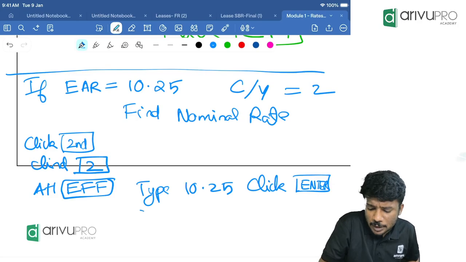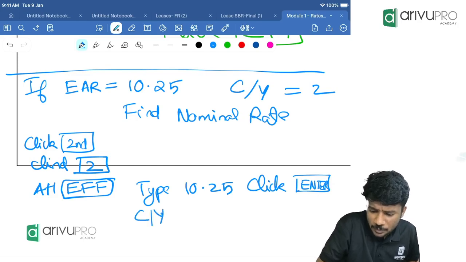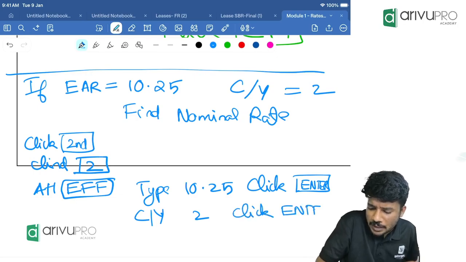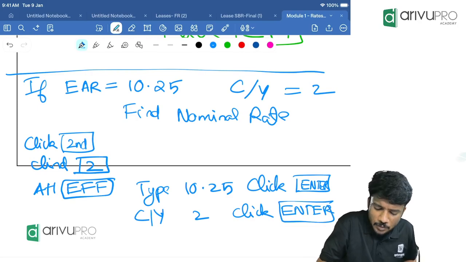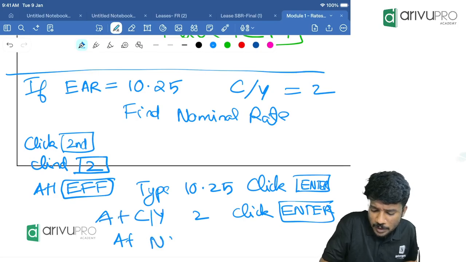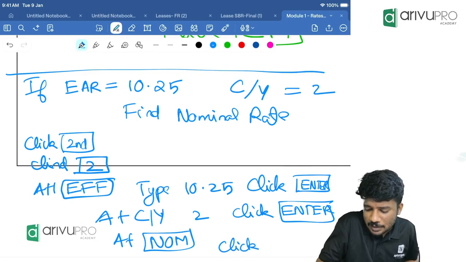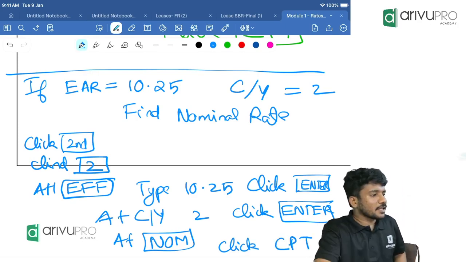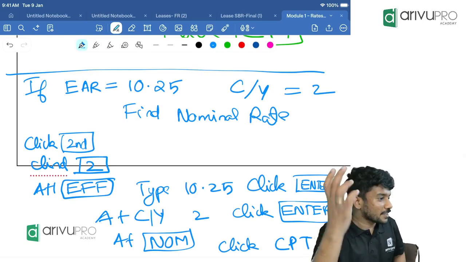Then at C by Y, you will put 2 and click enter button again. Now coming to nominal, we need to find the nominal value, right? You will click CPT. How much are you getting? 10. Yes, that means this method is correct.